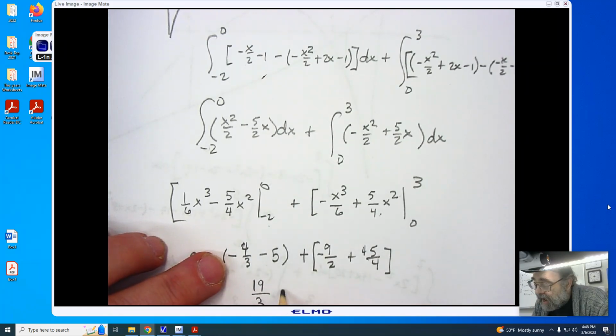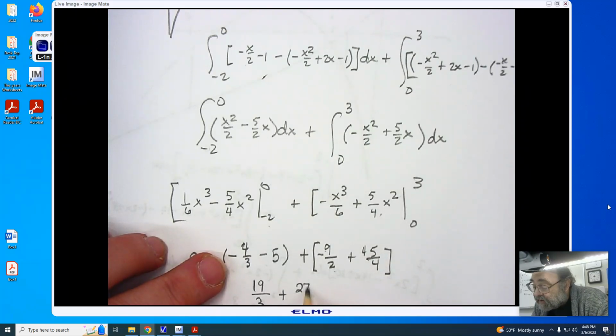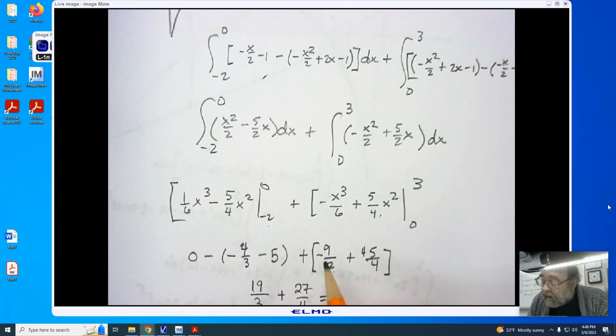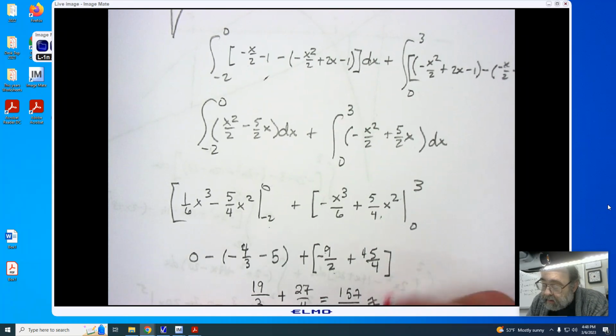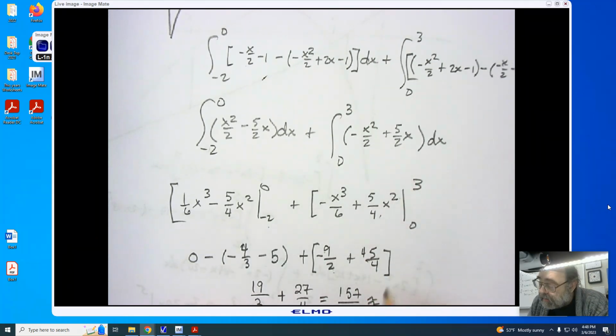And then I'm going to add to it what remains from 18/4 plus negative 18/4 plus 45/4 should give me 27/4. And I'm going to plug this in, and I get 157/12, which is approximately 13.083.